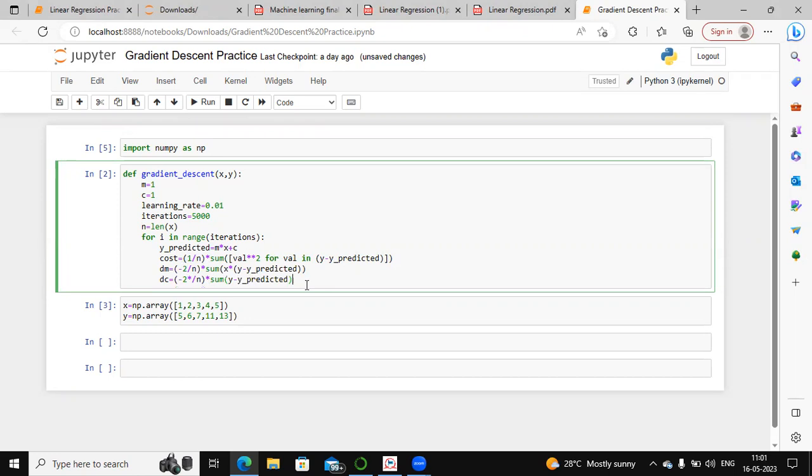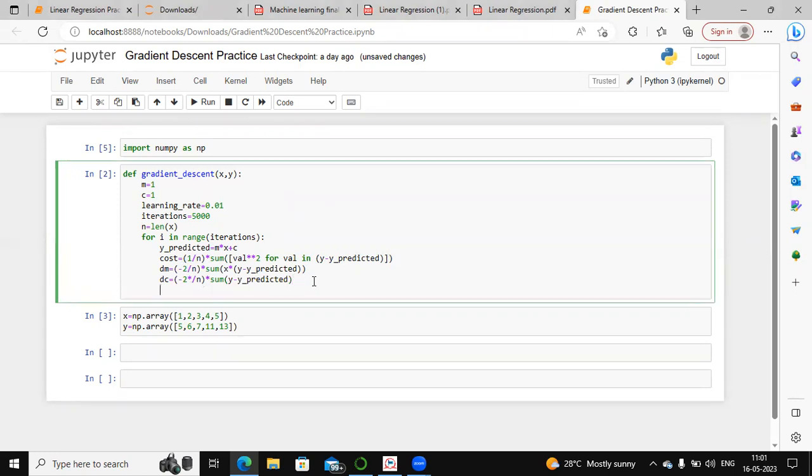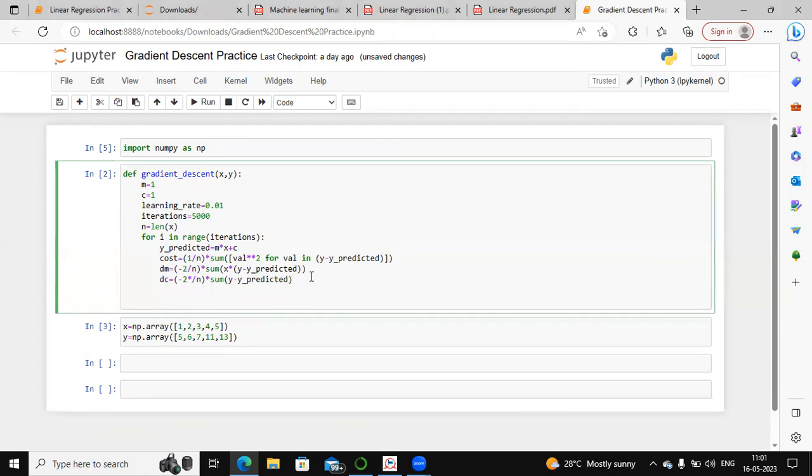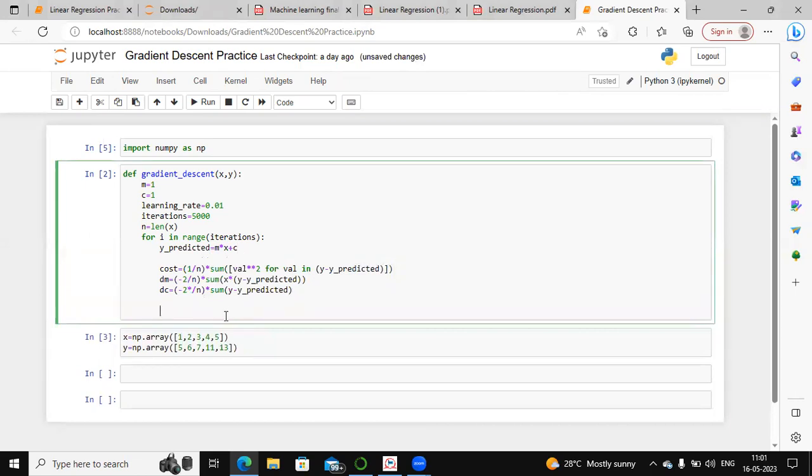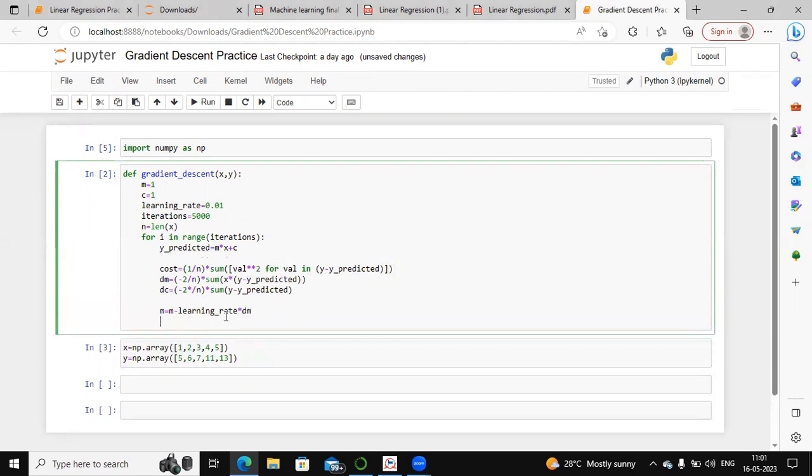So you have got dm, dc, and the cost function as well. Now we have to compute m. M is m minus learning rate into dm, whereas c is c minus learning rate into dc.